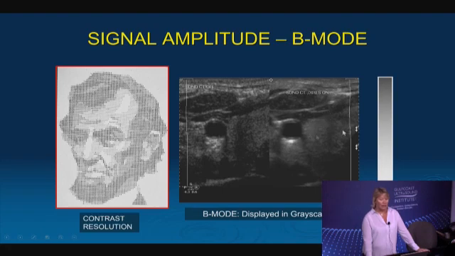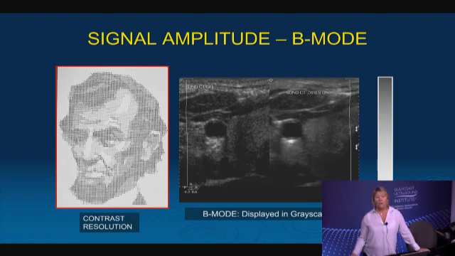If you look at this thyroid here compared to this one, it has more of a coarse appearance, where this one has more of a subtle appearance to it. And some people might even call it fuzzy. So even though it's the same image, the reason that they look different is because we've utilized a different grayscale map.